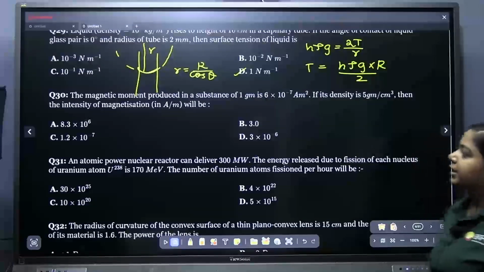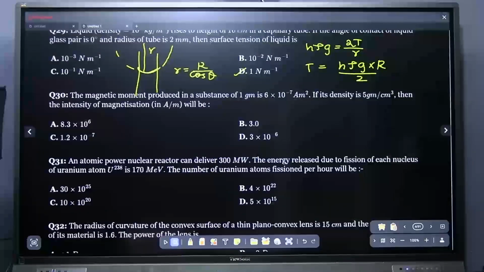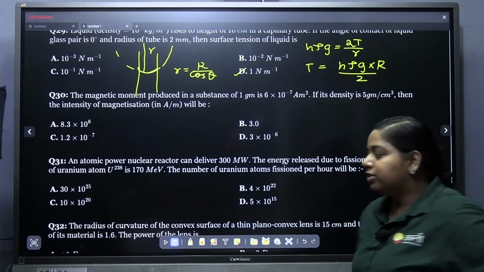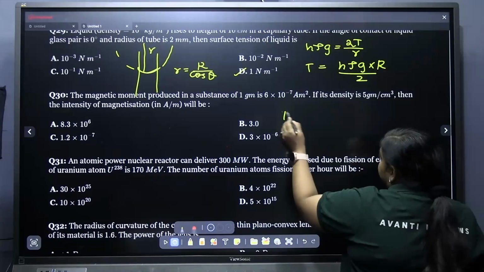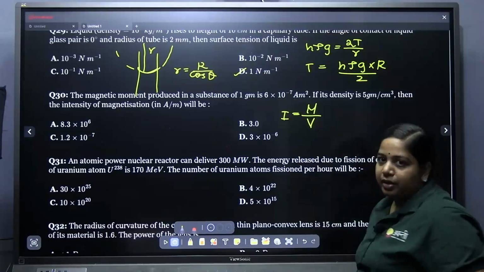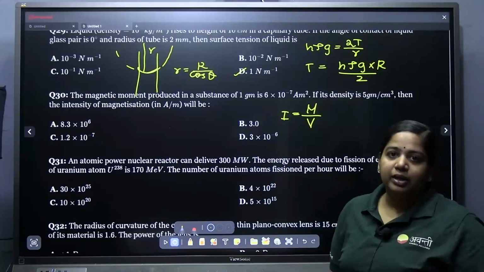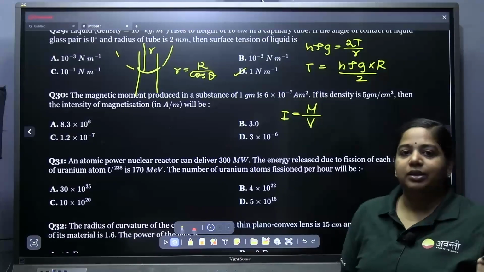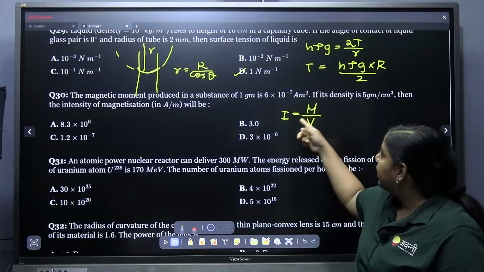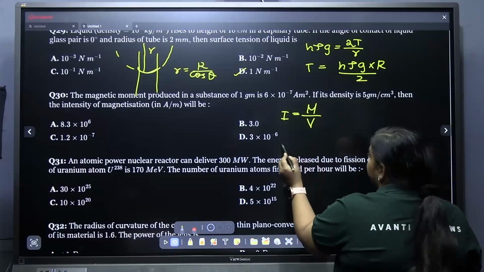Next, question 30. The magnetic moment produced in a substance of 1 gram is 6 into 10 to the power minus 7. If its density is 5 gram, then find the intensity of magnetization. Intensity of magnetization is nothing but magnetic moment per unit volume. You just have to substitute, and volume, how can we find it?